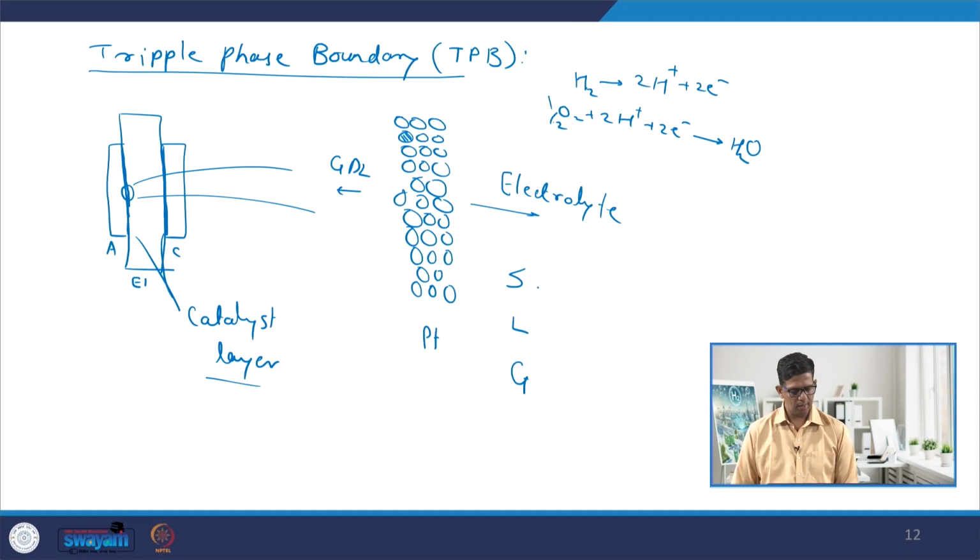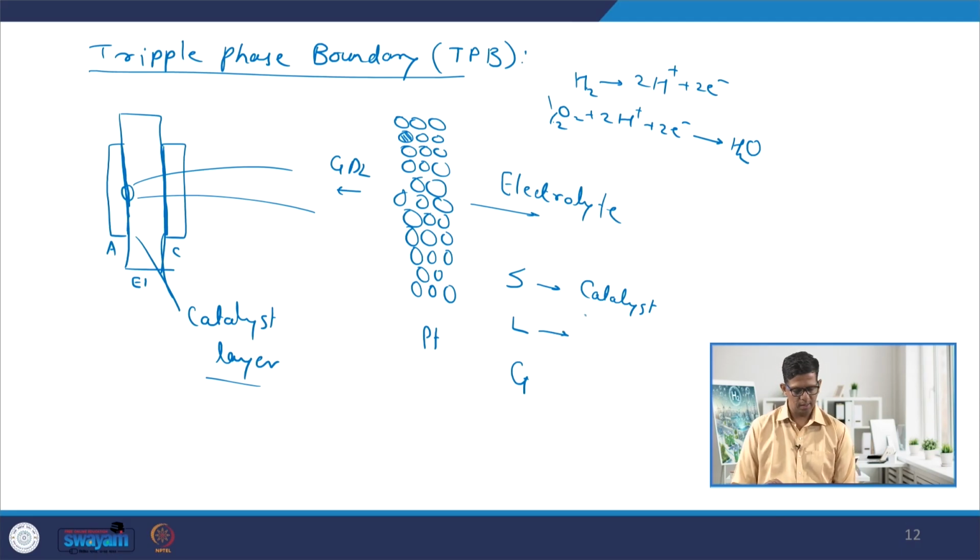So, what is the solid phase that we expect at this triple phase boundary? Solid phase means the catalyst is to be present. In other words, if you have a catalyst nanoparticle present at a particular location across the electrode surface, then the first criterion is met. The next is the liquid phase has to be present.